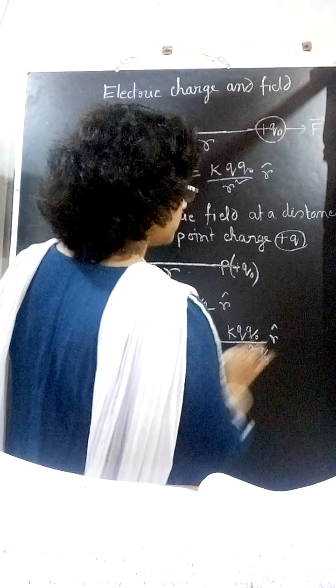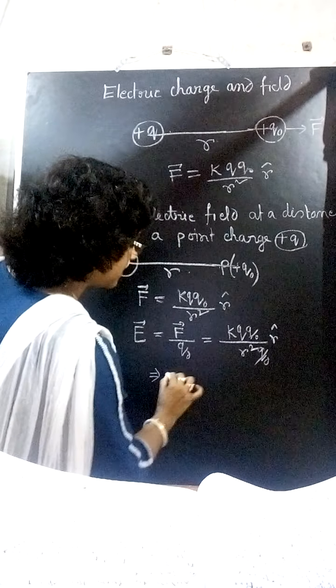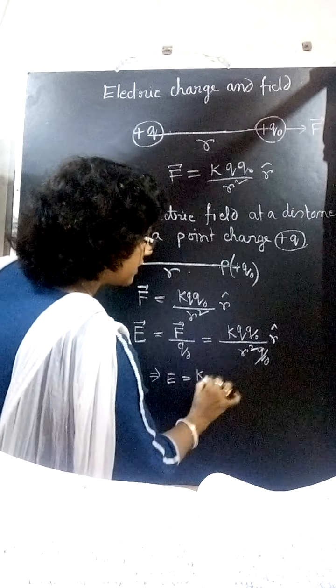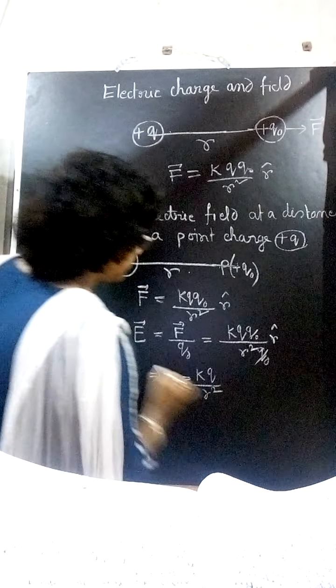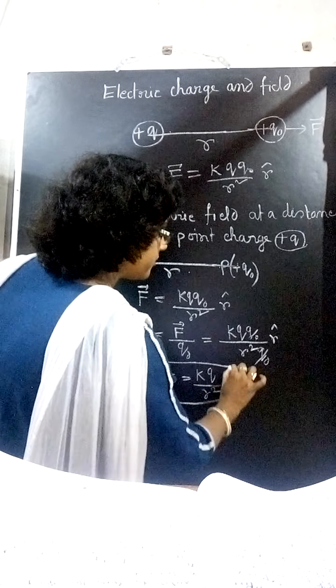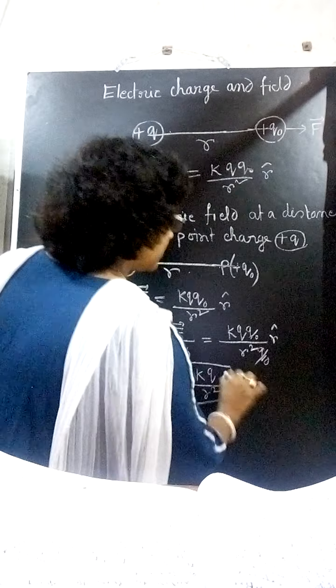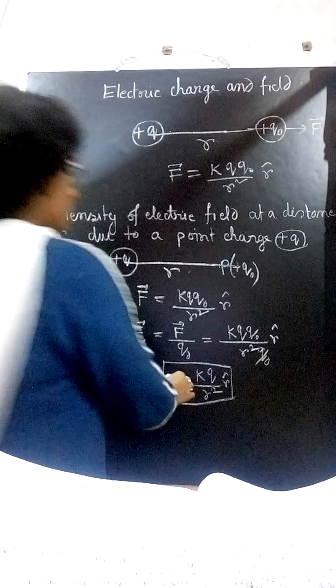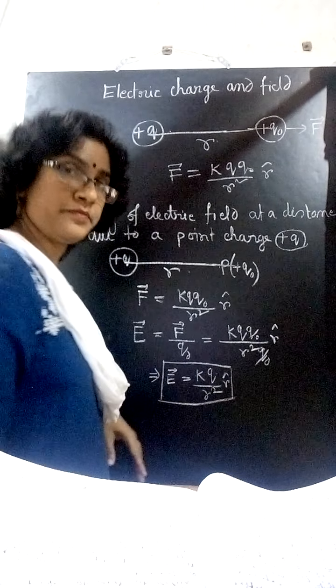So q0 will be cancelled. So ultimately E is equal to K q by r². So electric field intensity at a distance r, its expression will be E = K q / r².